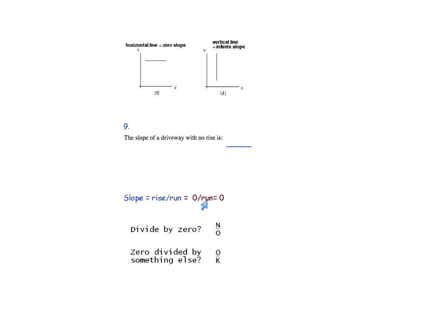One way of helping you to remember that is, remember this. Divide by 0? No, can't do it. Think of this as like a 0, but it's really an O. So divide by 0? No. 0 divided by something else? That's kind of like a 0 divided by some number. That's okay. You can do it.